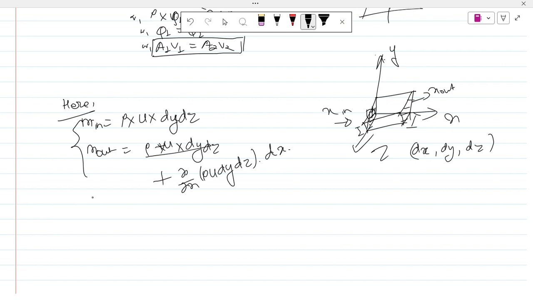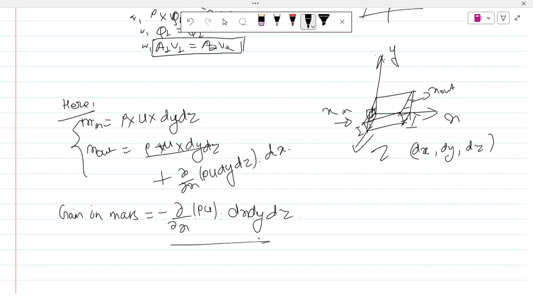From this m in and m out, I have the gain in mass. If I take m in minus m out, I get the negative of d by dx of rho u times dx dy dz.